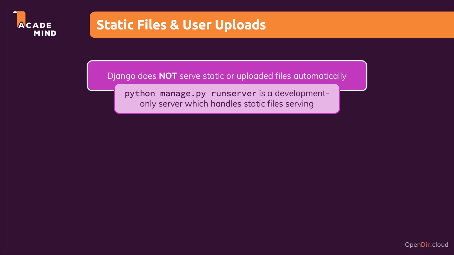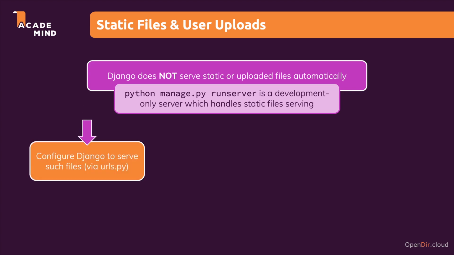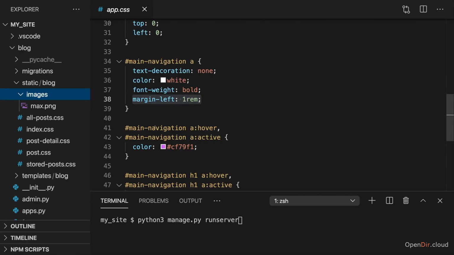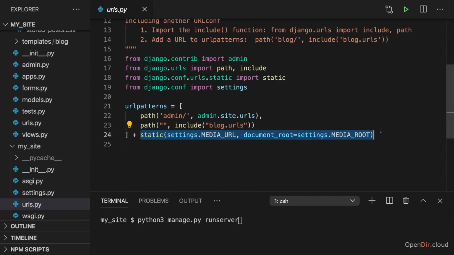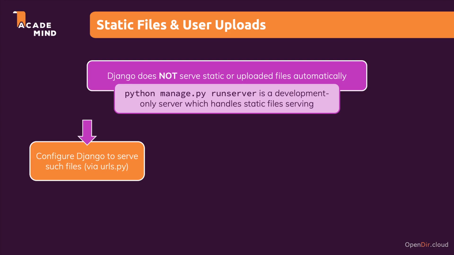That's why we need to make sure that those files are being served, and that's why we'll have different options for that. Option 1 will be that we configure Django to serve such files by working on the urls.py file. That's in the end what we already did for uploaded files, which again are just static files. We needed to do this even during development because those uploaded files wouldn't be picked up by Django. And we can also do this for all the other static files like CSS files and so on. So we can configure Django to serve such files as well, to override the default where it does not serve such files.